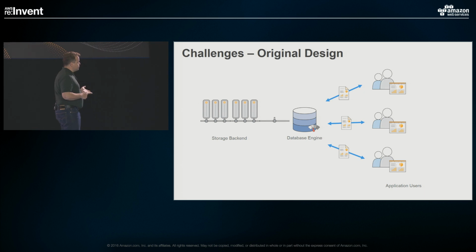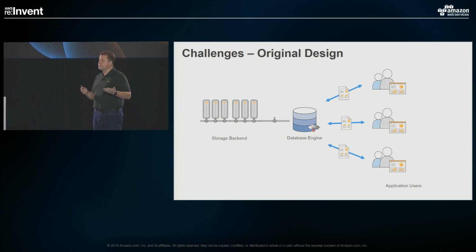So this is the original design. It's a pretty common thing that you would see anywhere else, where we have a storage backend with a database engine in front of it. And you can see we have our application users here, and everything's going well, and they're running the reports, and people are looking up airline airfare online, et cetera.